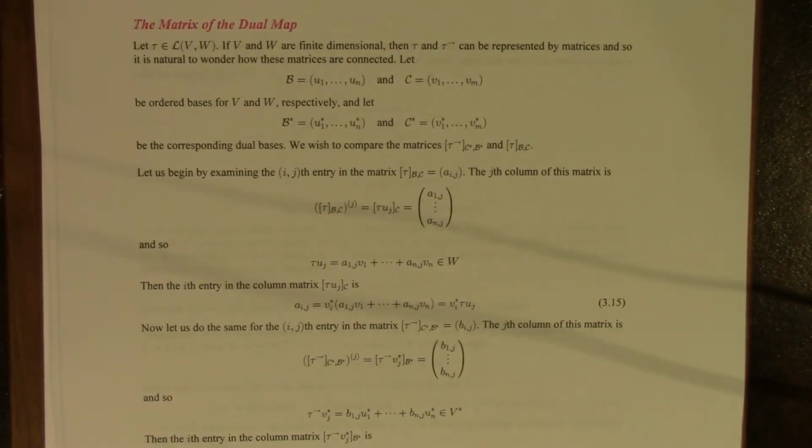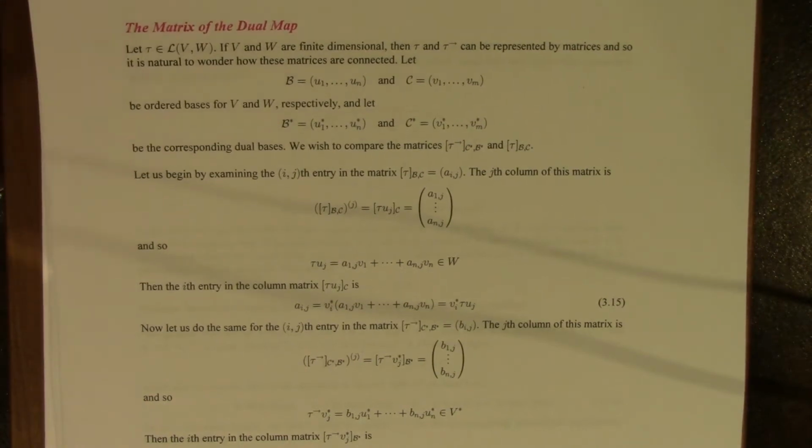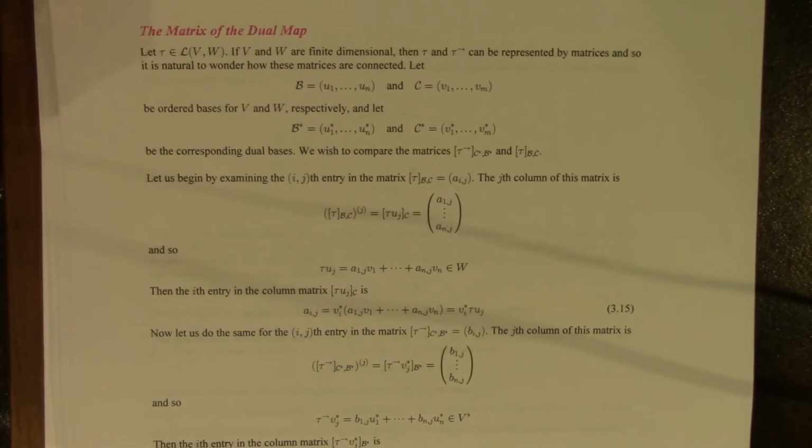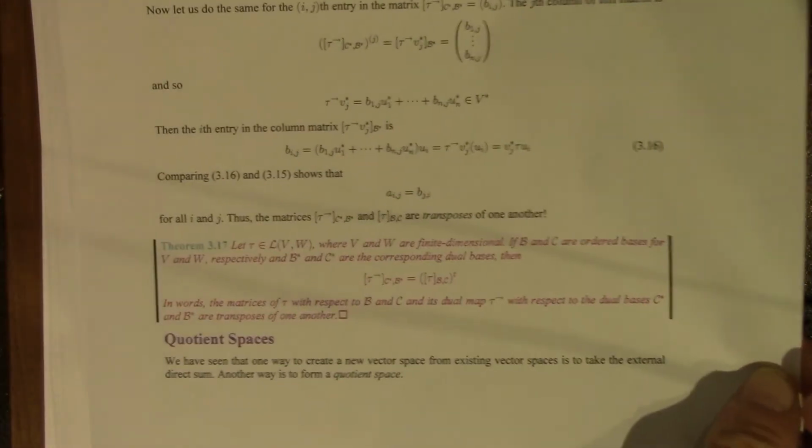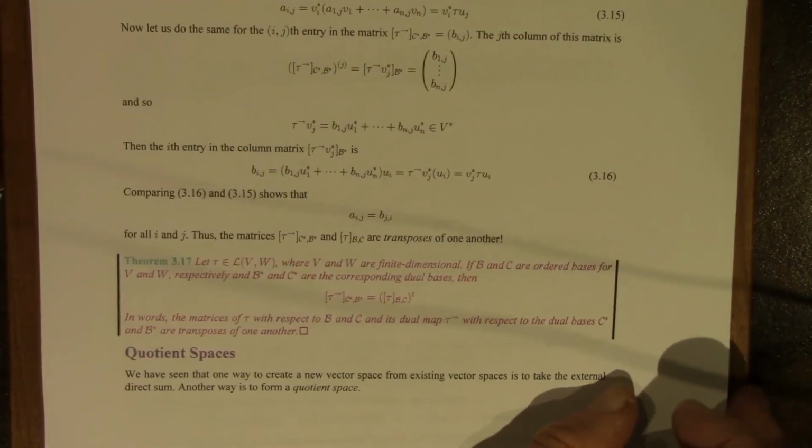I mentioned some time ago that one of the main themes in mathematics is to find ways to construct new objects from existing objects. We've seen a number of examples of that.